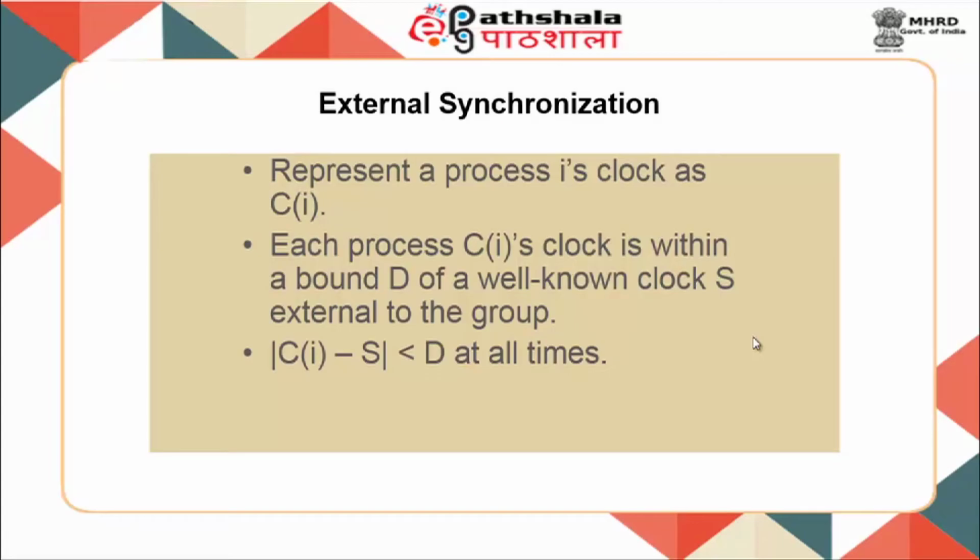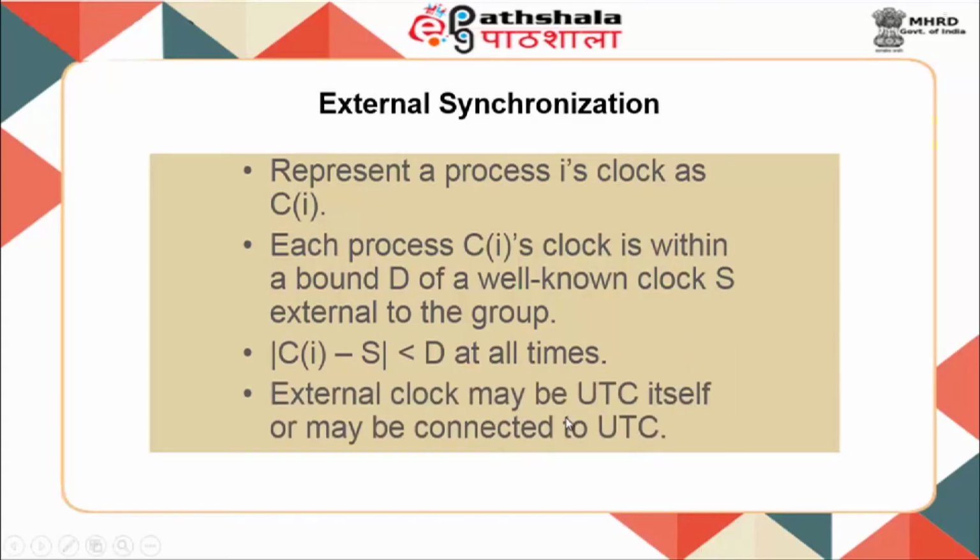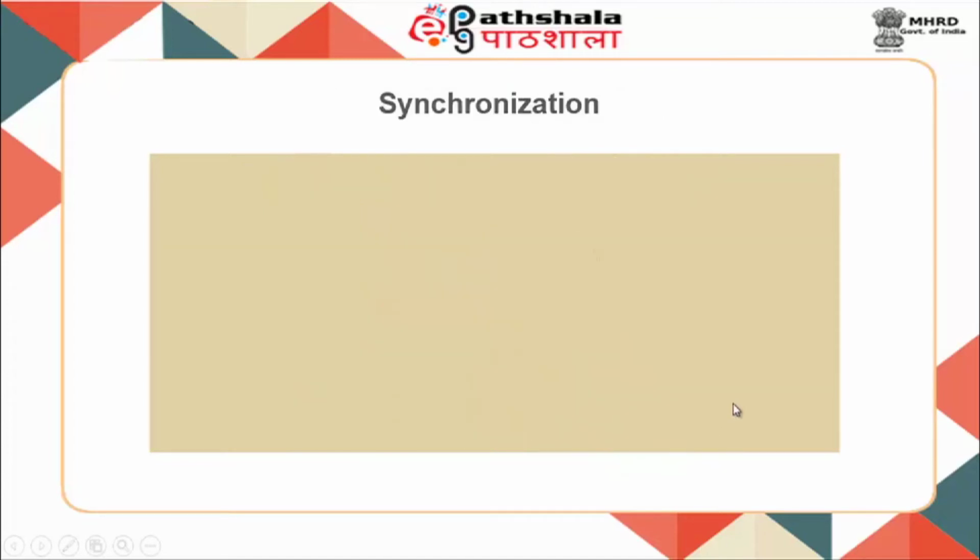Therefore, external synchronization insists that we have a global clock or a server time, which is S, and every process's clock or every machine's clock should be within a certain value D of this global value S. This external clock may be the UTC or it may be using the UTC time.